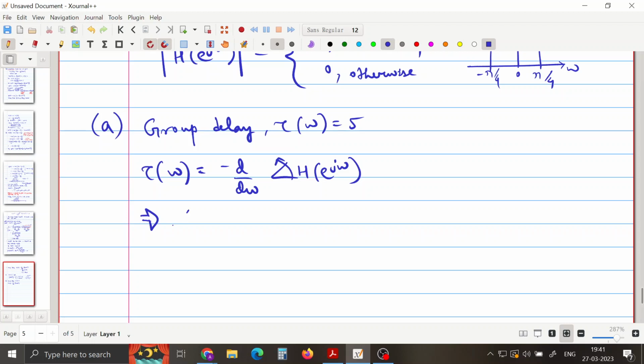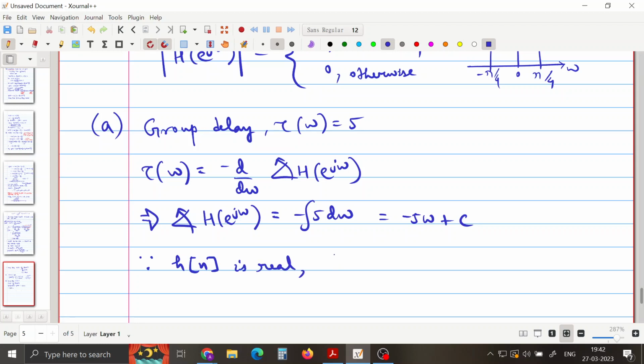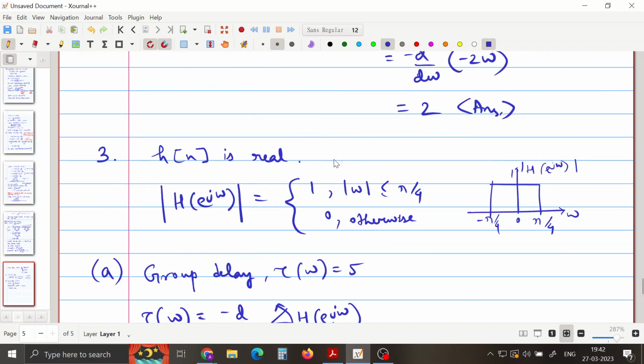So tau of omega is 5. If you just put 5 on the left hand side, you get, okay, which is minus 5 omega plus some constant, let's say c. And now the well-known property that I was mentioning, that since the time domain impulse response is real, the phase should be an odd function, and the magnitude, as already seen from this figure, is an even function.